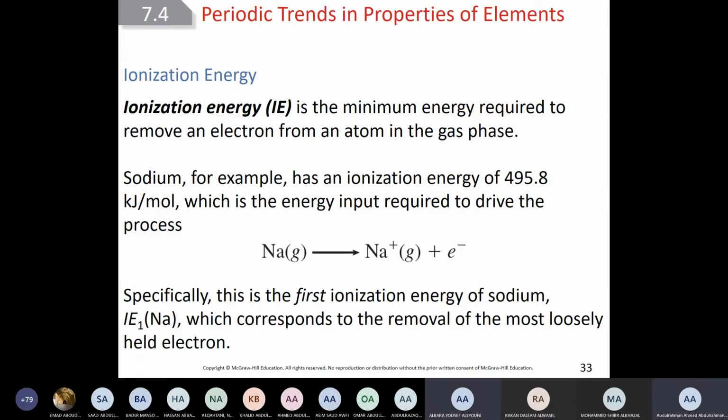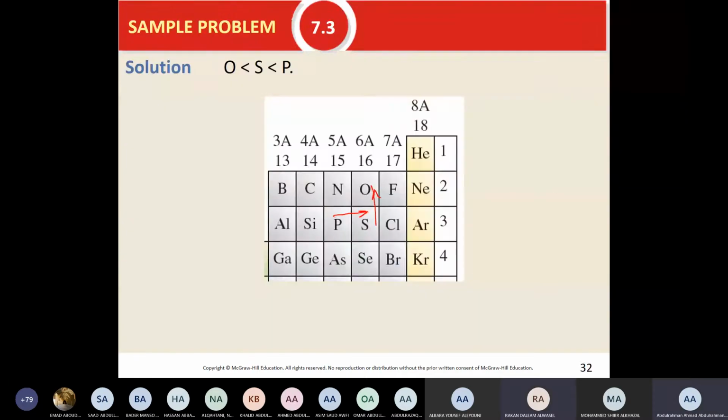Good. Next. Doctor, the biggest is hydrogen? The biggest is hydrogen. Yes, for all elements. You should tell me which one is the smallest in the whole elements. Hydrogen. No. Helium. Yes, helium is the smallest atom. Then hydrogen.